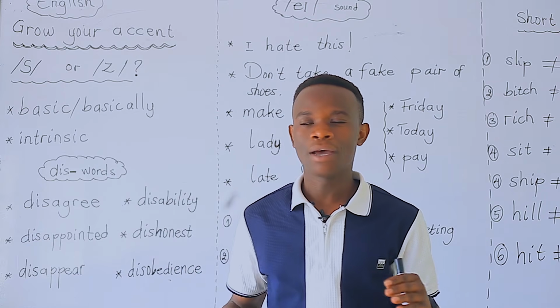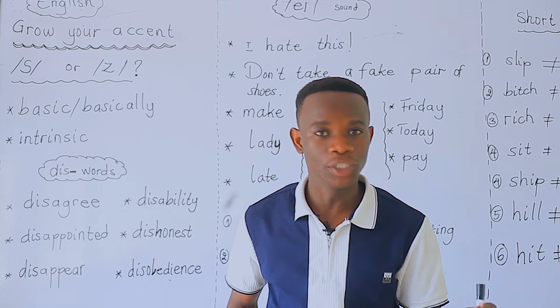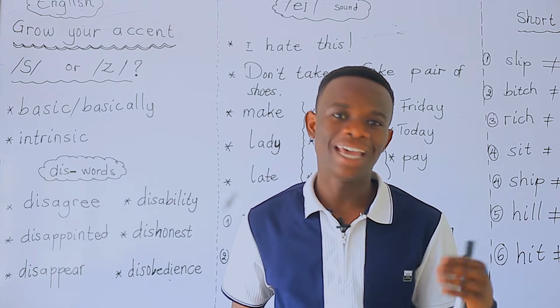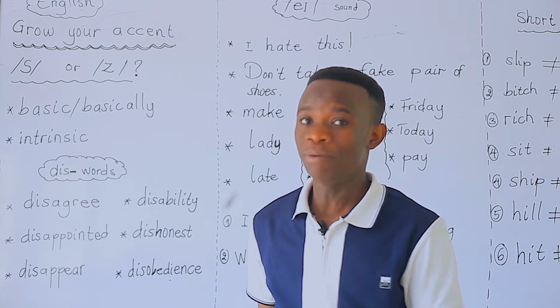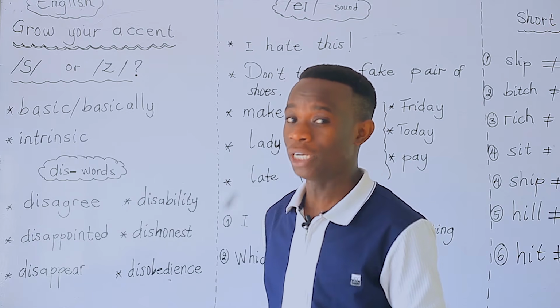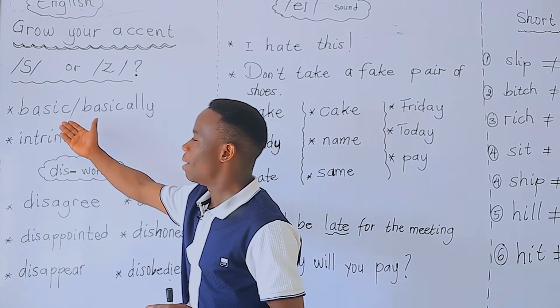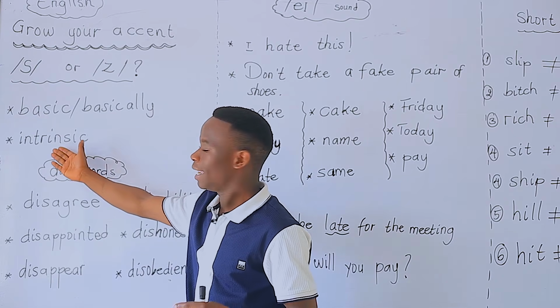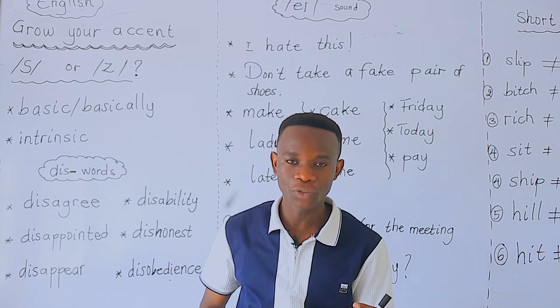We say Rwandan basic education, and you find yourself saying it with a Z. That's okay though, but it doesn't make you sound very rich in English. So say basic, basically.